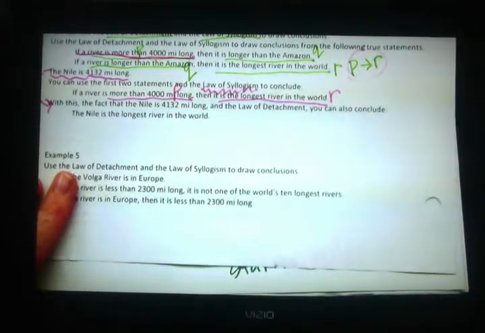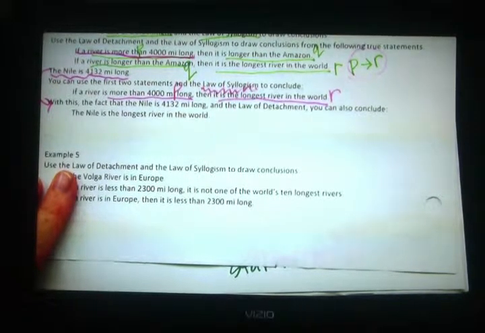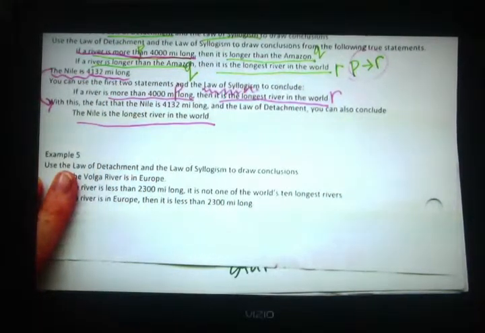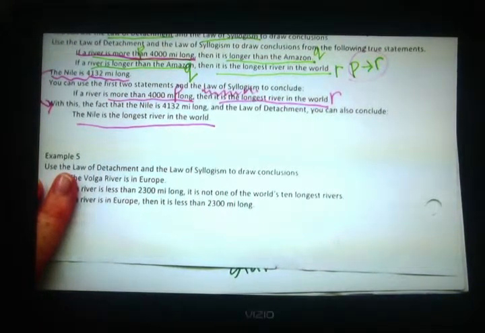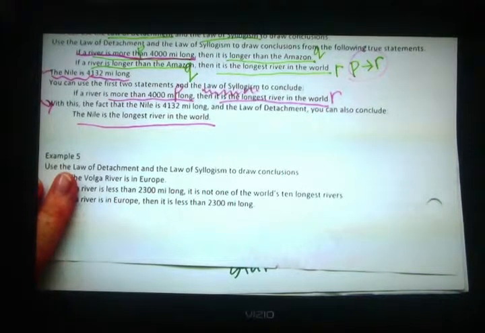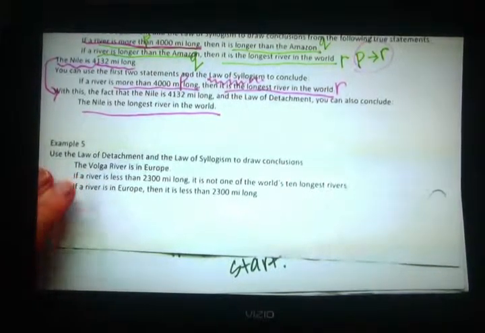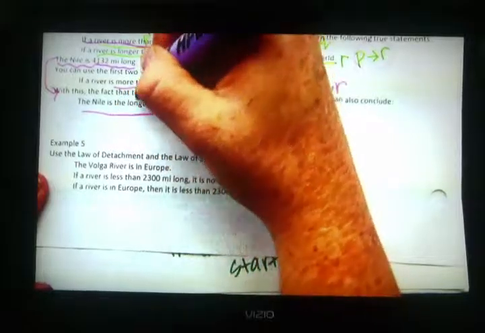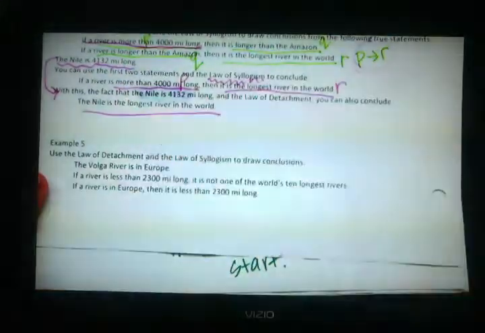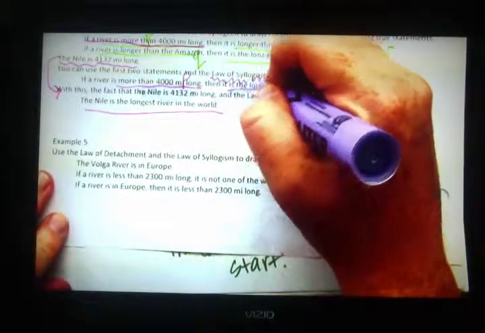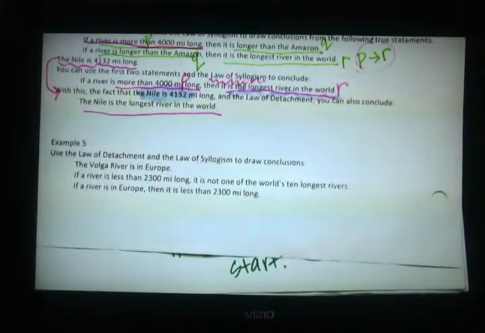So with this and the fact up here, use the law of detachment to conclude that the Nile is the longest river in the world. Since the Nile is more than 4,000 miles long, it is the longest river in the world. Now we've replaced P with a more specific river, the Nile, and concluded R, that it is the longest river in the world.